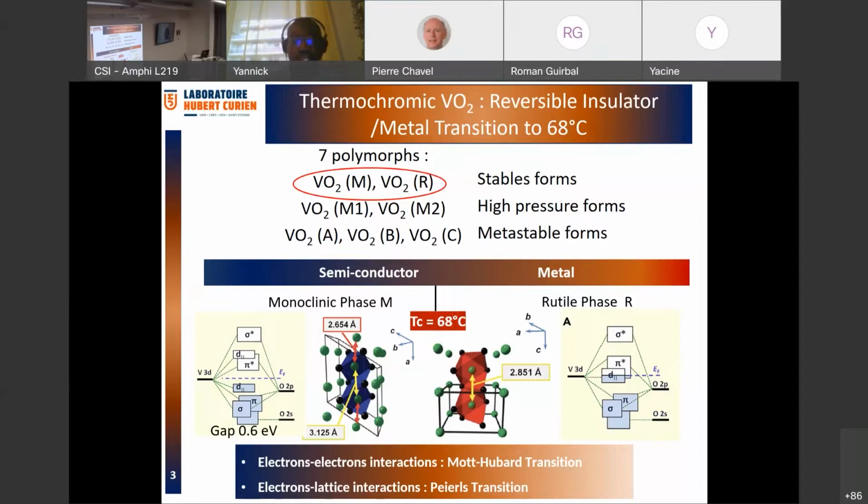This transition is governed by electron-electron interaction. It also exhibits a structural phase transition. Below 68 degrees Celsius, it's the monoclinic phase, and above it's the rutile phase. And this is also governed by the electron-lattice interaction.